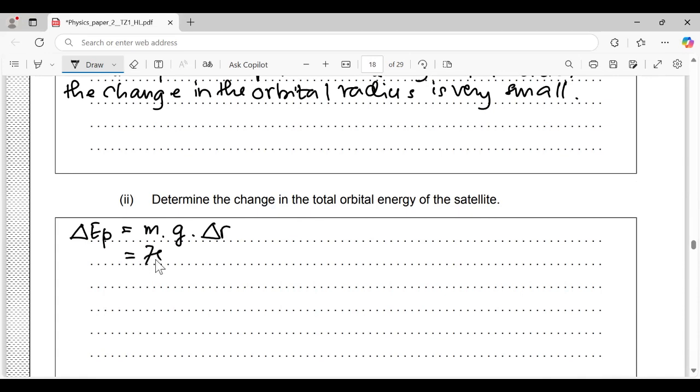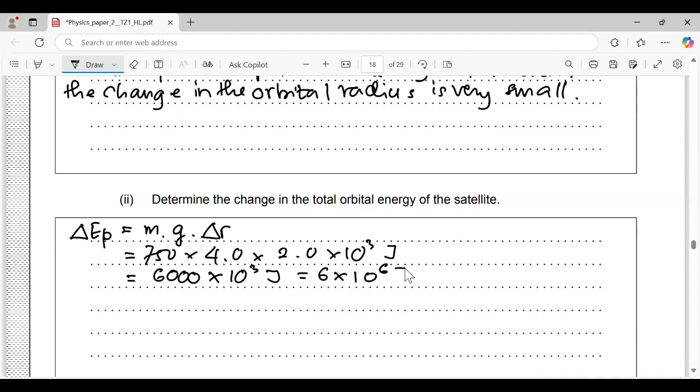It's going to be 750 times 4.0 times 2.0 times 10 cube joule. And the result is 6,000 times 10 cube joule, or 6,000 times 10 power 6, 10 power 6 joule.